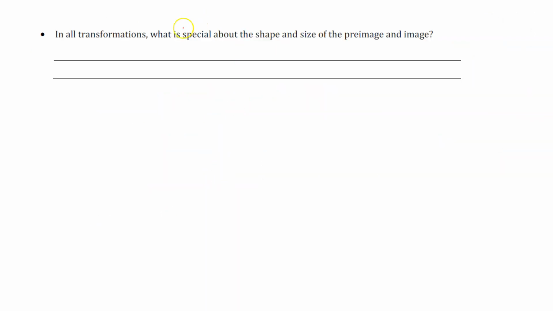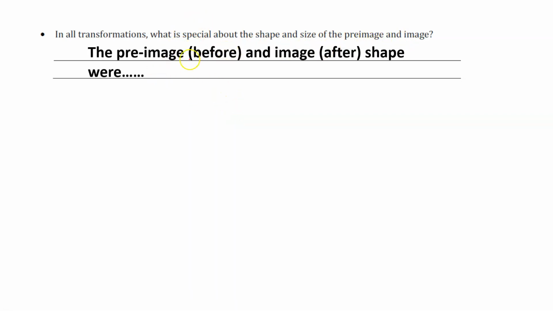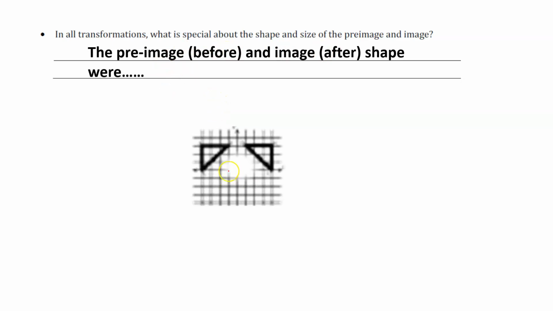Continuing on, it says, what is special about the shape and size of the preimage and image? Here's a little sentence starter. Notice on this one, what are some things that you notice about these shapes? Well, the shapes are the same. They're both triangles in this case.